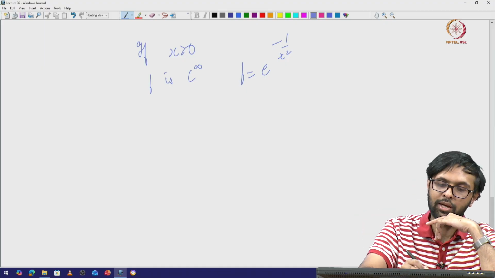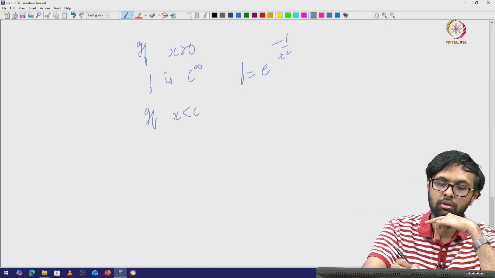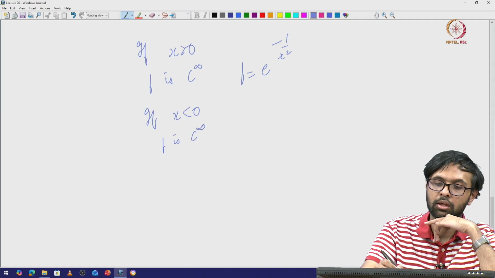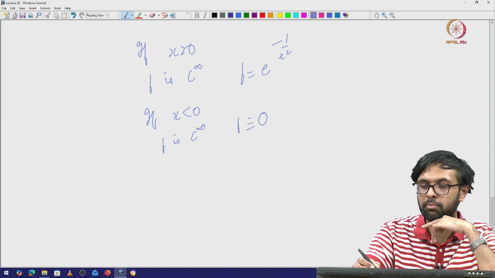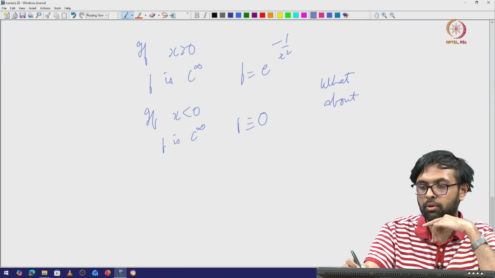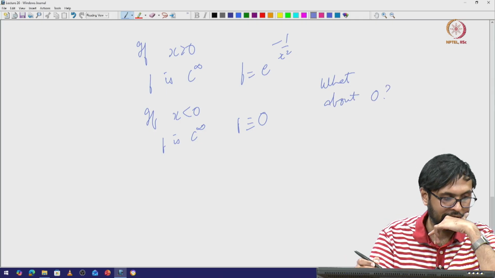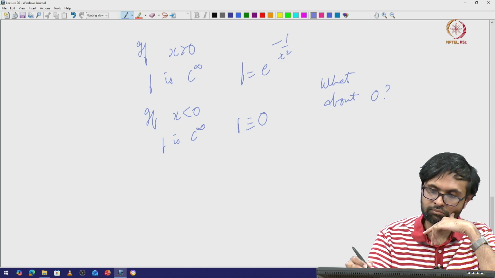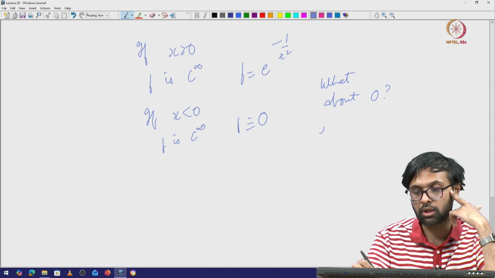But the question, and if x is negative, of course f is smooth. No problem there because f is identically 0. The problem is, what about x equals 0? That's the real problem, right? So is f continuous at x equals 0, for example? Limit as x goes to 0 plus, for instance, of e raised to minus 1 by x square is what?